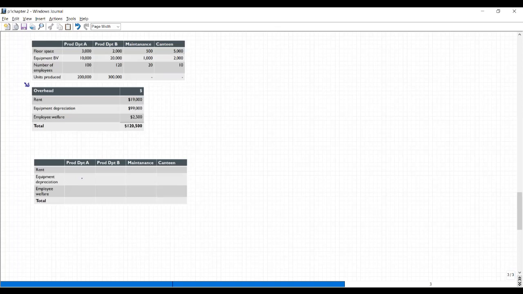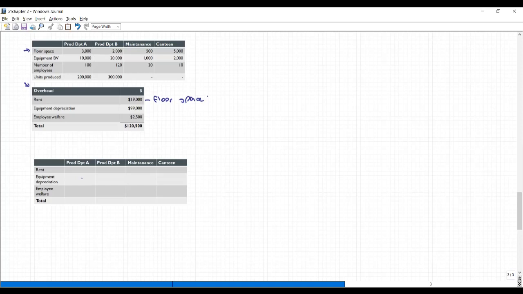So we need to think, rent. We have rent, and why do we pay rent? Well, we need to allocate the overhead based on floor space, because it is logical that rent is paid based on floor space. So if we want to allocate the total of 19,000 of rent, which was paid during the period, we need to look at floor space and do that.